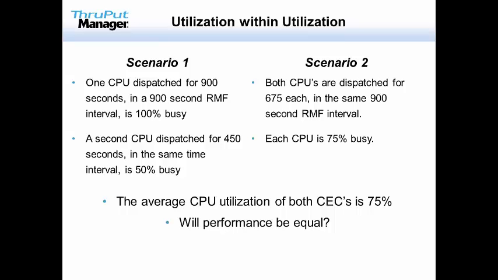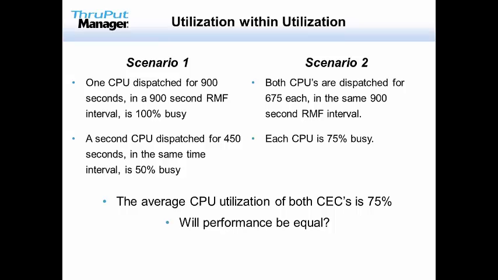But another point is, what is the distribution? When was the application trying to be dispatched? Take that 450 seconds that it was dispatched. Well, that's within a 900-second interval. Do I know when? You don't. You don't from this amount of data. You know that out of 900 seconds, the CPU was dispatched for half the time and available for the other half of the time.